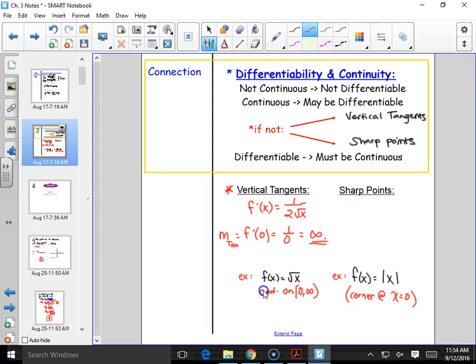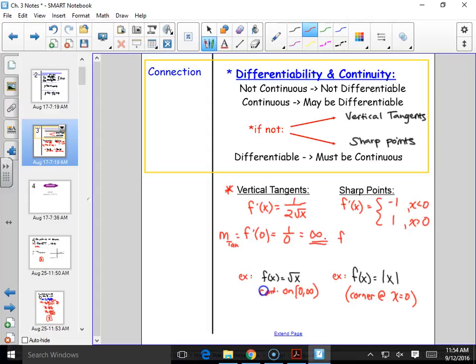I'm going to leave it. What goes on when I take the derivative? I have to come in from two different sides, because it's technically a piecewise. So I have x less than 0, and then x greater than 0. I'm not going to put or equal to, because as I come from the left, I have a negative 1, and as I come from the right, I have a positive 1.